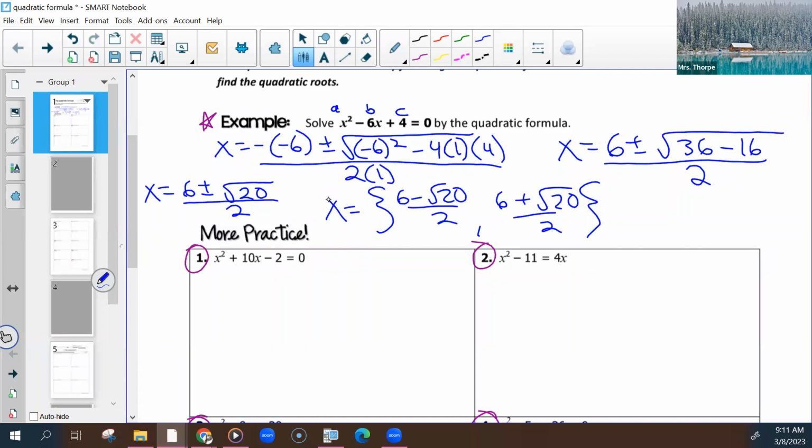If the square root of 20 was a whole number, a perfect square like 16, 9, 4, 25, any of those, then we would have simplified that and been able to simplify these terms. But if not, you would leave it like this. Questions on that one?